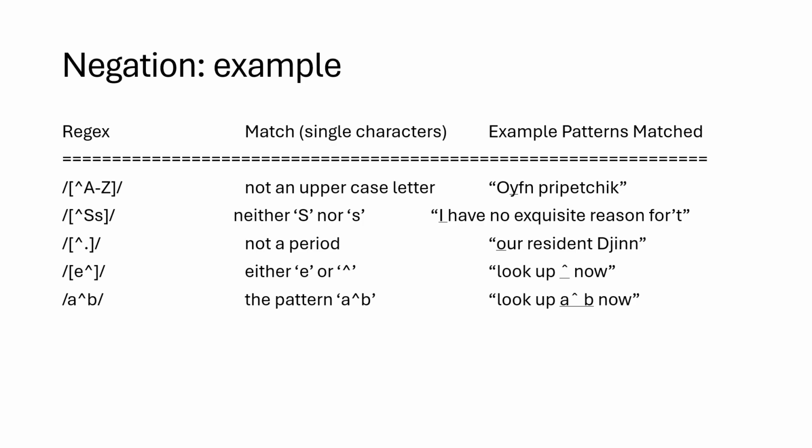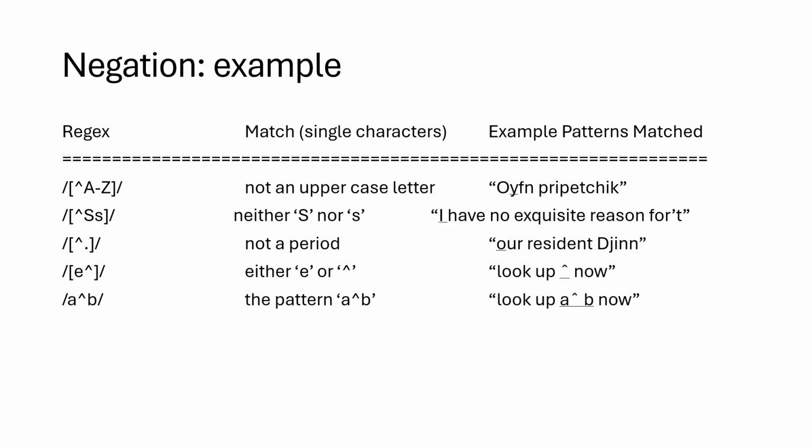Then in the next example, we have used the caret symbol at the beginning and then the dot operator. This specifies that we have to search all the characters except this period operator. In the next example, the caret operator is used at the end, so this will match either E or the caret operator.